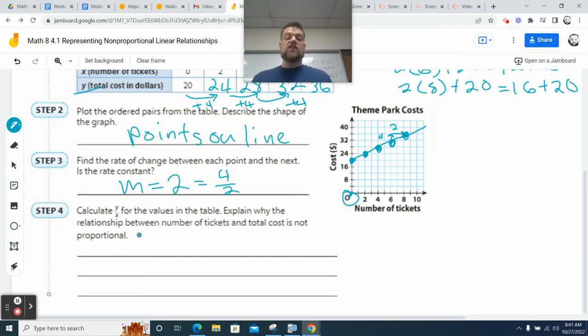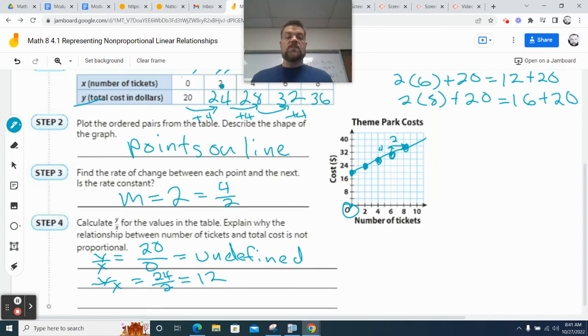Well, first of all, what they're saying is, what's 20 over 0? So they want us to figure out what this is, y over x. 20 over 0 is undefined. And then on the next one, y over x is equal to 24 over 2, which is 12. And then on the next one, 28 over 4, that's just 7, right?